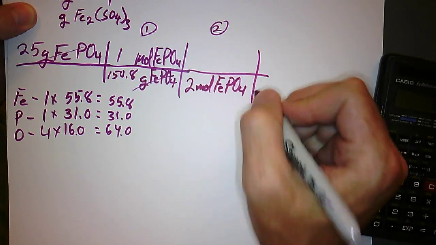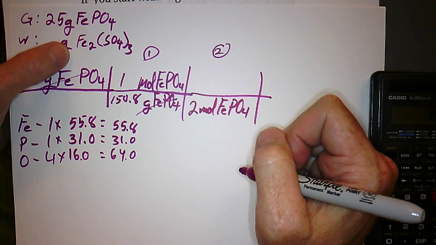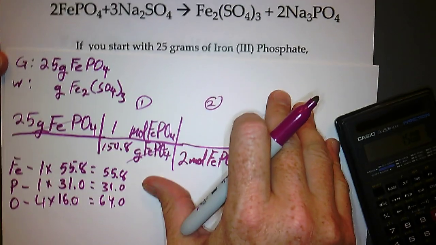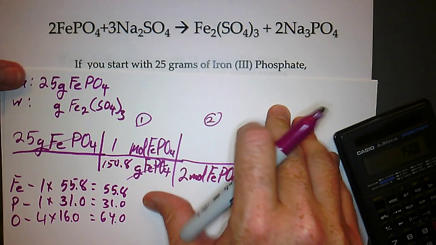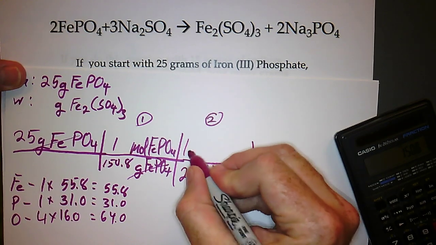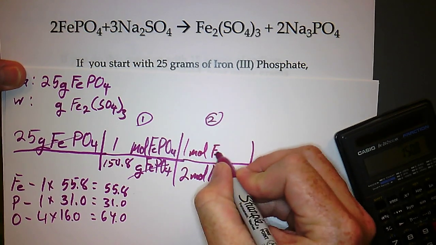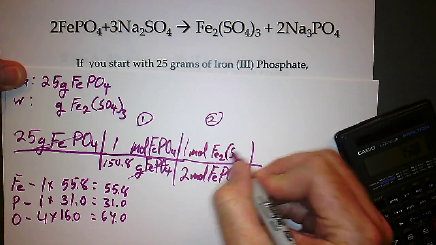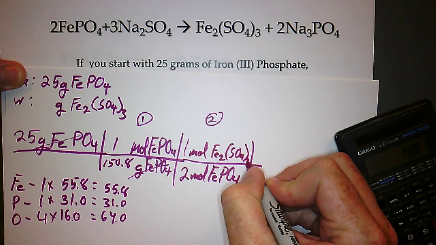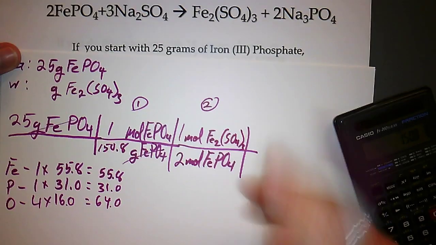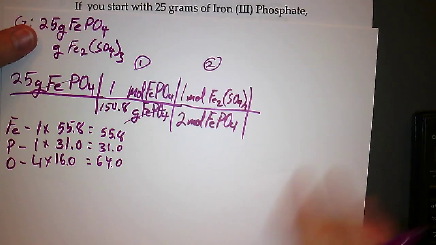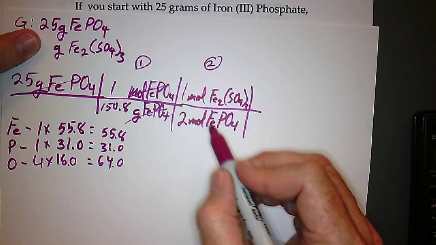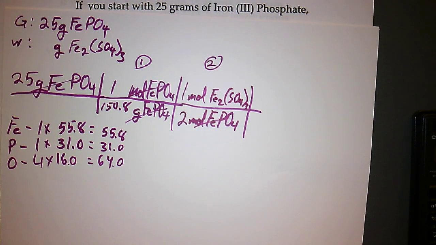And then the moles of what we're trying to find, which in this case is Fe2(SO4)3. How many moles? It's 1 because there's no number there. 1 mole Fe2(SO4)3. That's step 2. And we could cancel the moles FePO4 at this point.